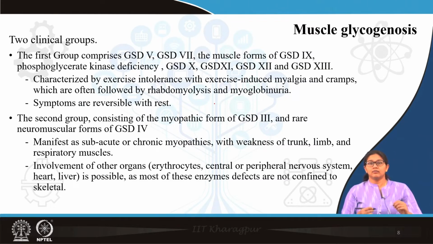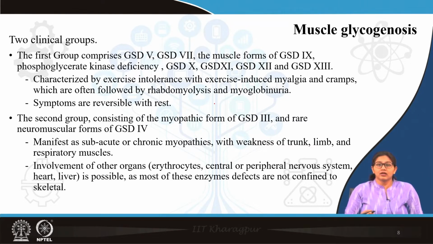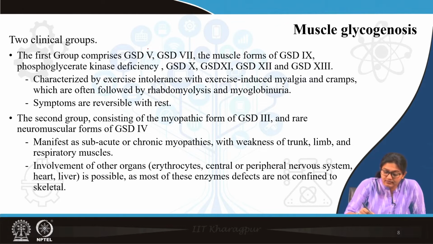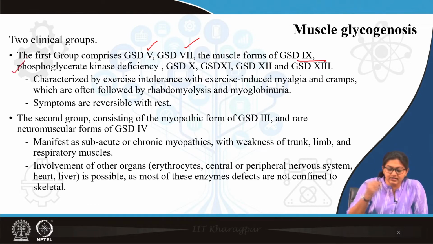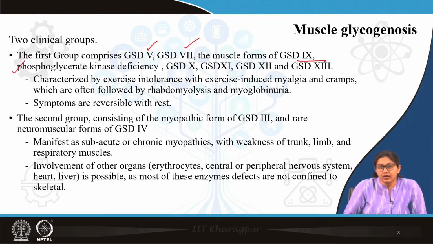Now, the muscle glycogenoses mostly present in two ways. The first group comprises type 5, type 7, then the muscle form of type 9, then also phosphoglycerate kinase deficiency, and also types 10, 11, 12, 13.